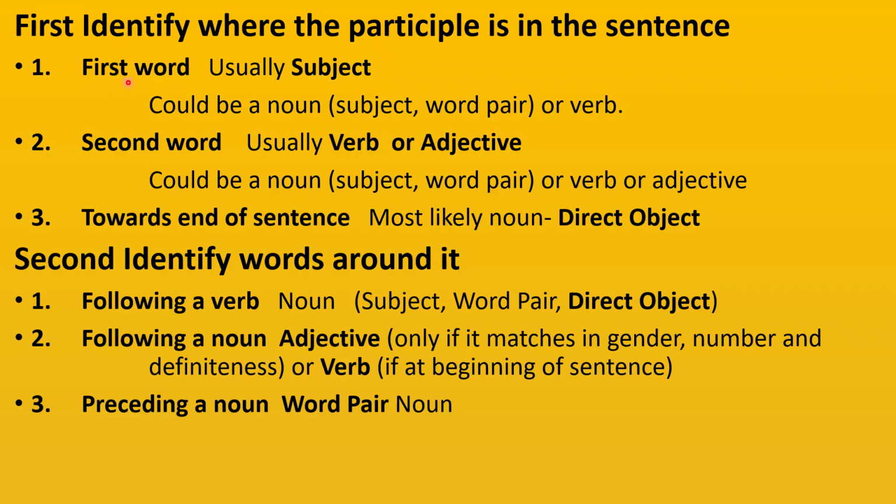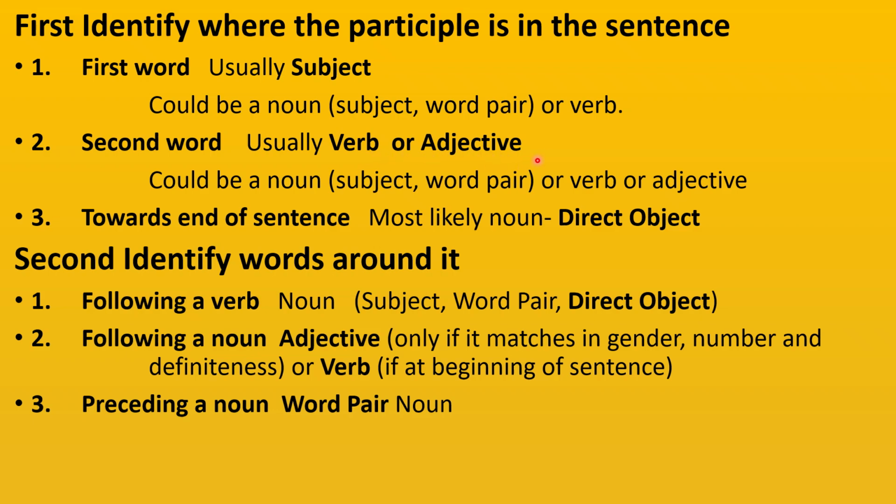If it is the first word in the sentence, and there may be, of course, more than one, it's usually the subject. It doesn't have to be. It could also be part of a word pair, or it could be a verb, but usually it's the subject. If it's the second word in the sentence, usually it's either a verb or an adjective.